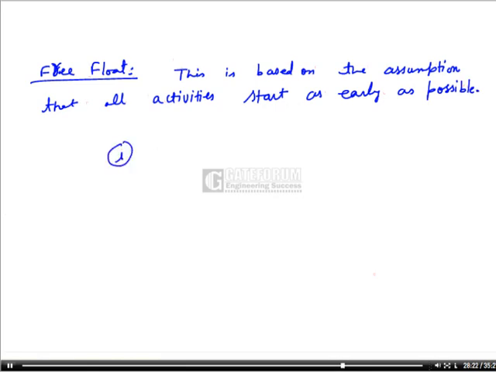So this is activity I, this is event I, this is event J. This is T of I, this will be T of J, and this will be the average time duration.